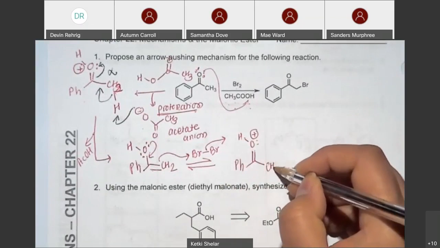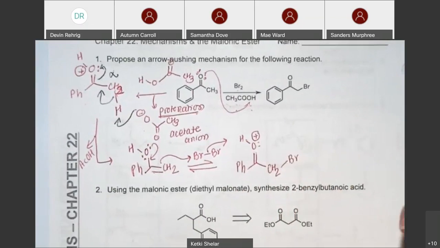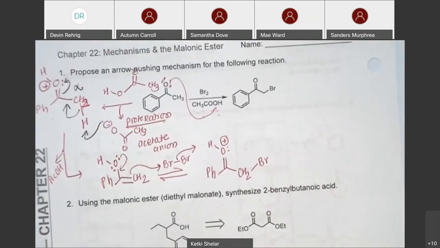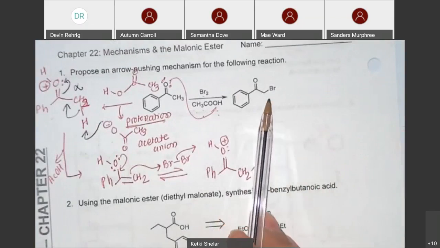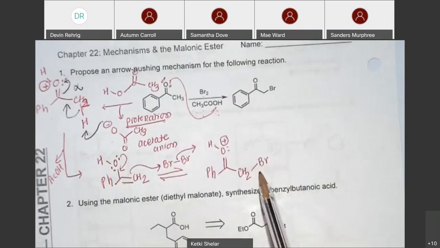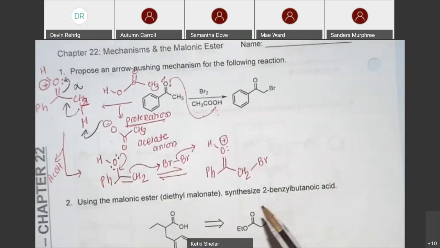And there is this CH2, which will react with Br. Okay. So whenever you see such a structure, you need to understand that Br is forming here. So you are not going to add Br on phenyl. You will write it here. Okay.